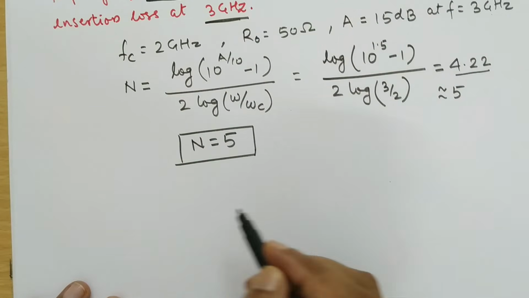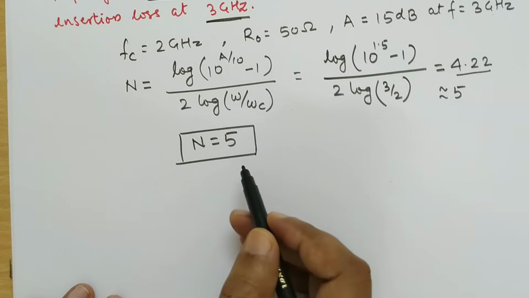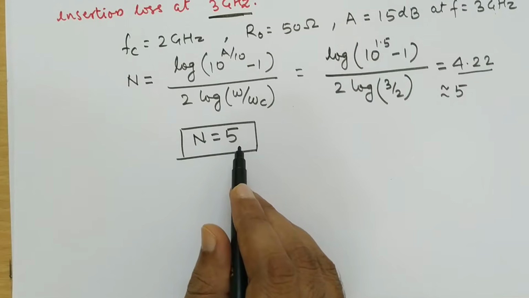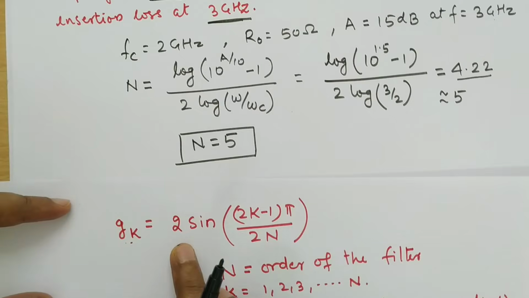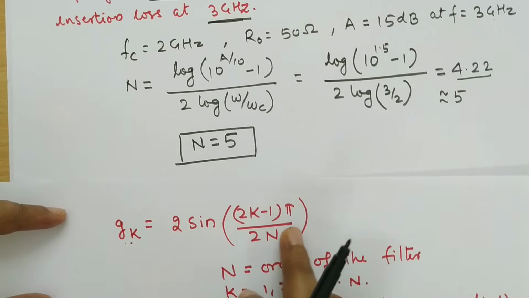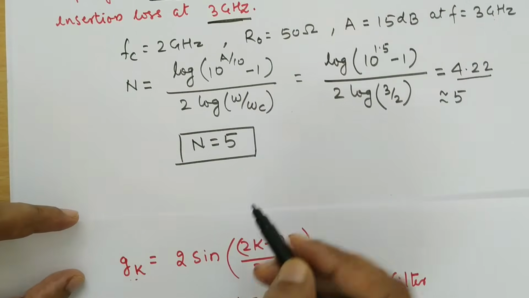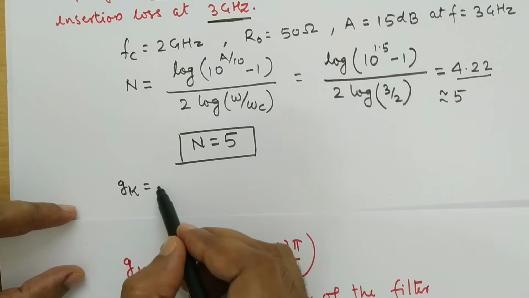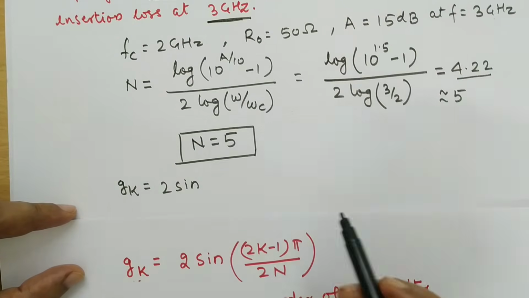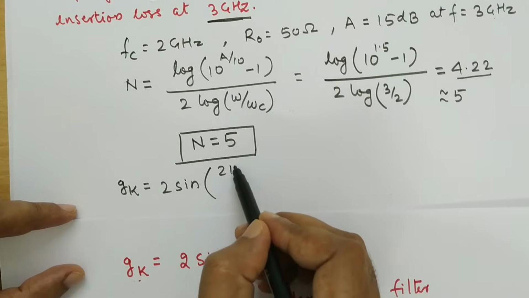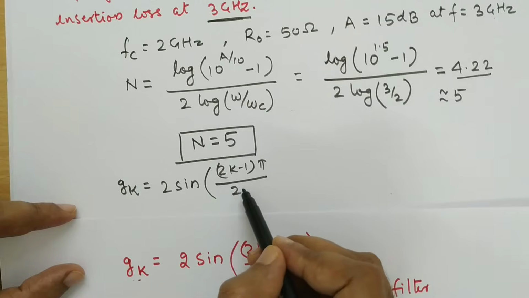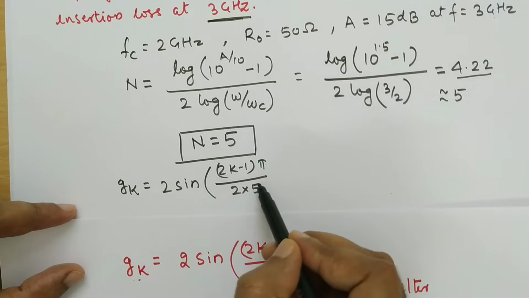Now we are going to find out the element values using this N, and we know the formula as Gk is 2 sine of (2k minus 1) pi by 2n. So let us write the formula here first, and then we will calculate the value. Gk is 2 sine of (2k minus 1) into pi divided by 2 into n, where n is 5.